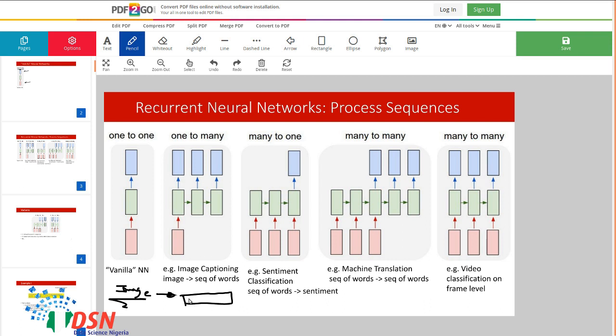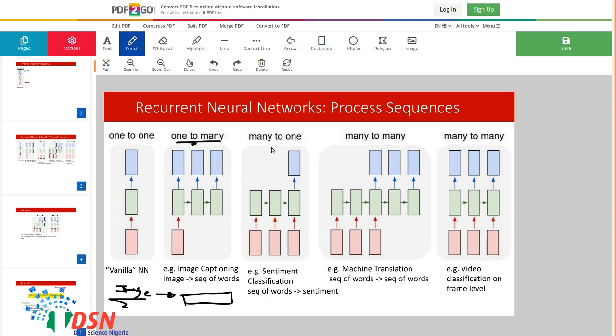So if you consider a network that gives you some words about the image, so you have different words to make the sentence about that image. So it is a one-to-many task.